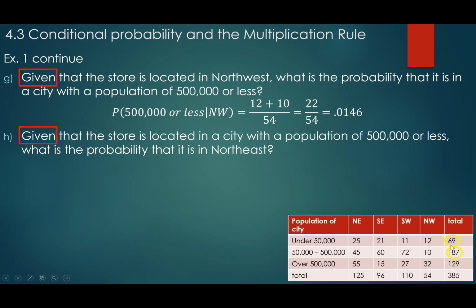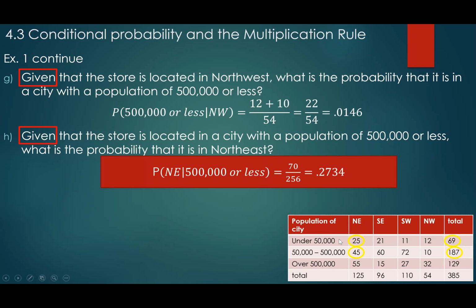Well, outside of these two, do you agree that 25 and 45 are the items located in the Northeast? As you can see, I made a mistake and put it up here in red.